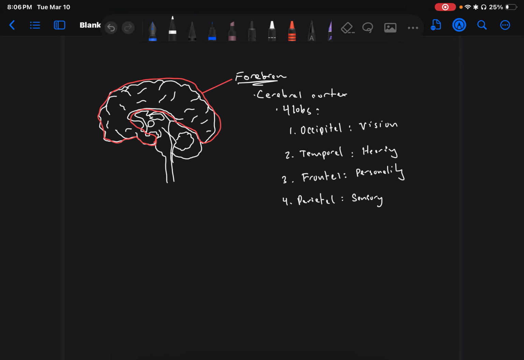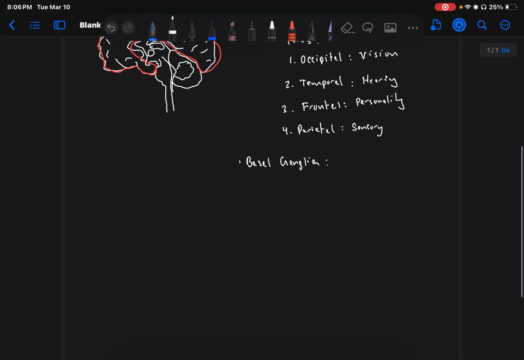Something else that we have is the basal ganglia. What this does is it focuses on motor function, specifically how to get somewhere.